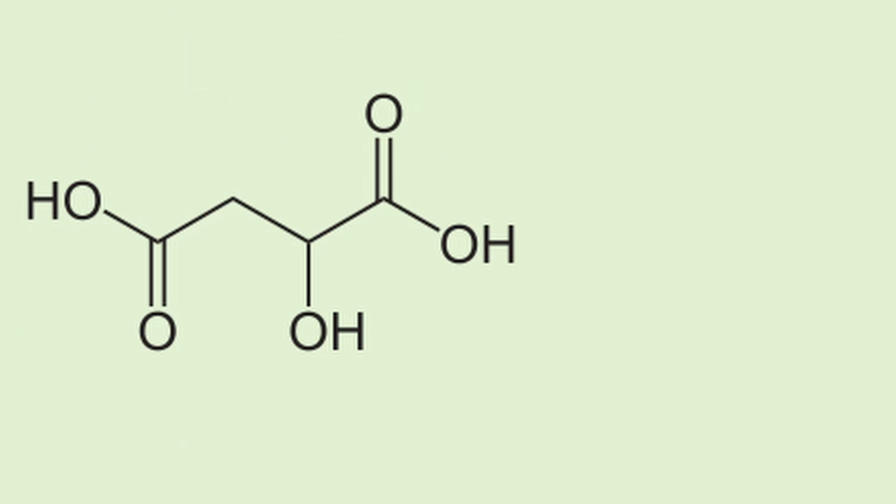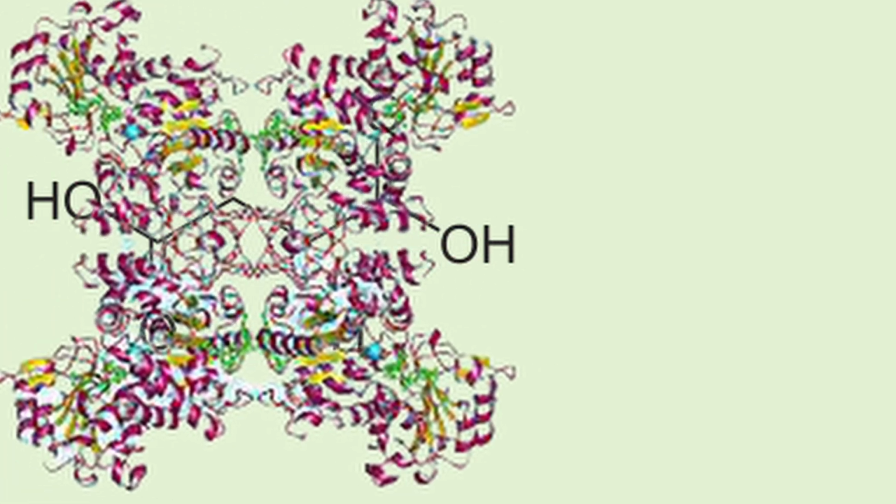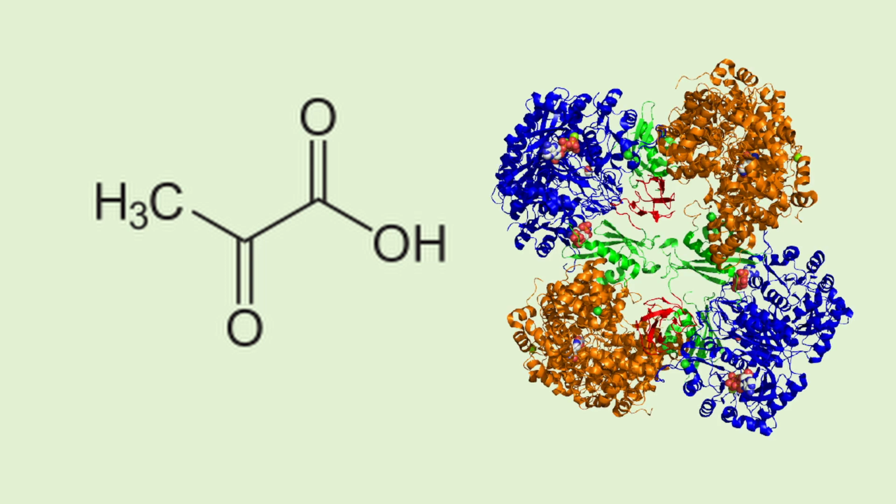Malate is then converted to pyruvate by either mitochondrial malic enzyme or the cytosolic malic enzyme, and then the resulting pyruvate can be converted by pyruvate carboxylase, which is actually present in astroglial mitochondria as opposed to neuron mitochondria.